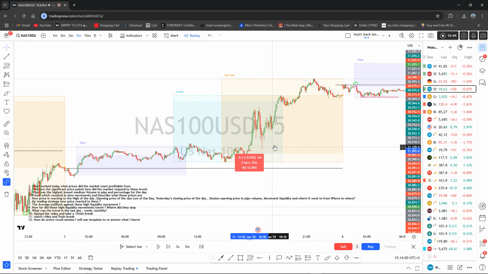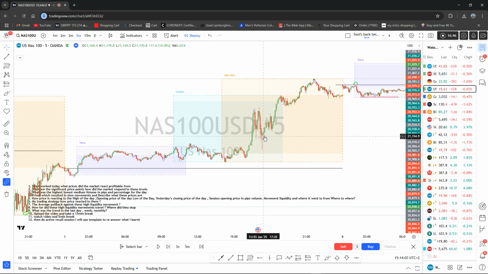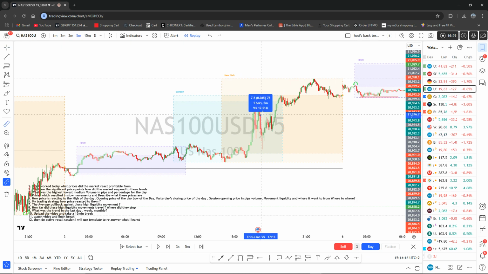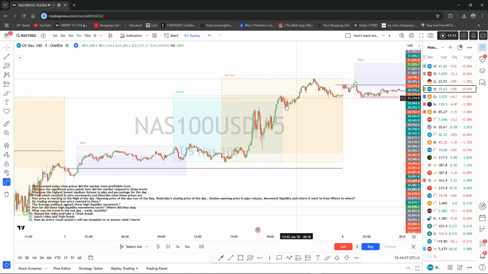The pullback was 6 pips. At 5:30, the pullback was 33 pips. And then a selling idea at the high of the day, the pullback was 18 pips at the new high of the day, and that's 5 after the news release.